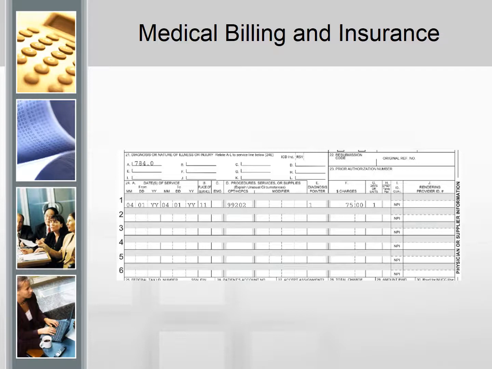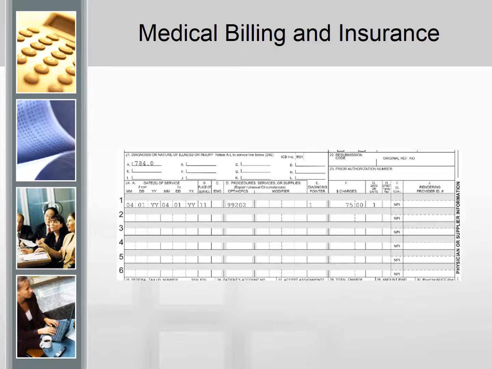Column E is relating the services and procedures that were performed back to the diagnoses that are listed in Block 21. So in Ann Adams' case, obviously she only had one visit and she only had one diagnosis, so they have the number 1 entered. If a patient had multiple services or multiple diagnoses, then it would be important to identify which diagnosis justified each individual service or procedure being performed.